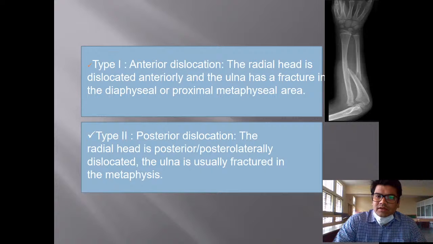Type 1 is anterior dislocation. The radial head is dislocated anteriorly and there is an anterior angulation of the ulna fracture in the diaphyseal or proximal metaphyseal area. Type 2 is posterior dislocation of the radial head with posterior angulation of the ulna fracture.